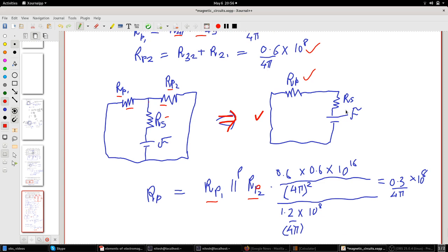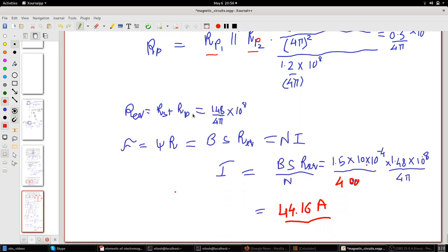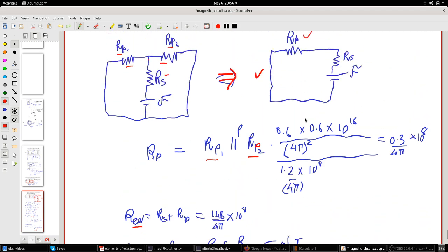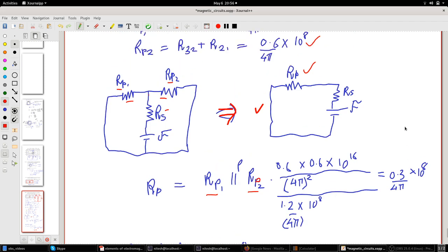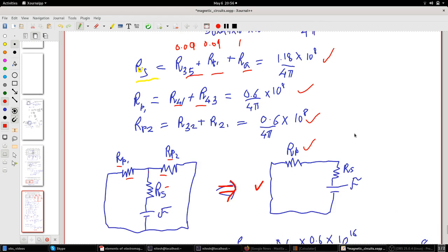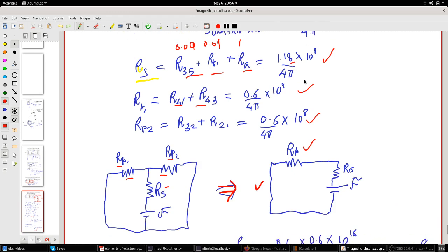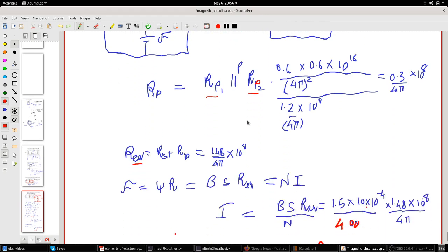By using Ohm's law, first I'll find out the equivalent reluctance, Rs plus Rp, which is 1.48 divided by 4 pi. Because 0.3 is this Rp, Rs is 1.18. 1.18 plus 0.3, I get it as 1.48 into 10 raised to 8 divided by 4 pi. I know that Ohm's law states that MMF equals flux into reluctance.